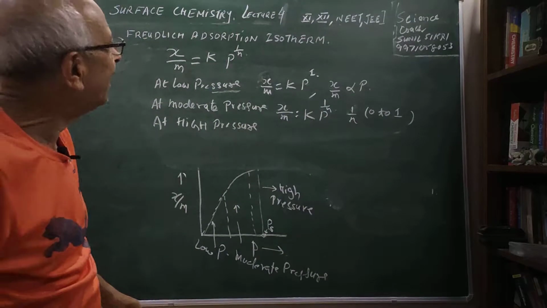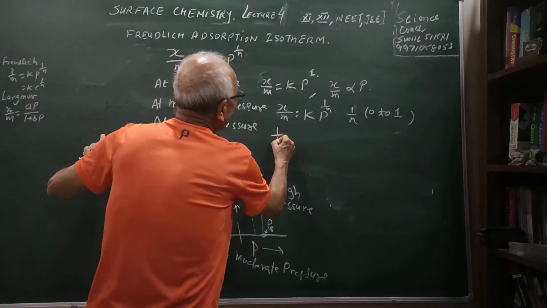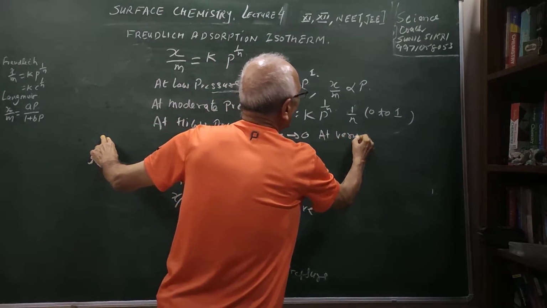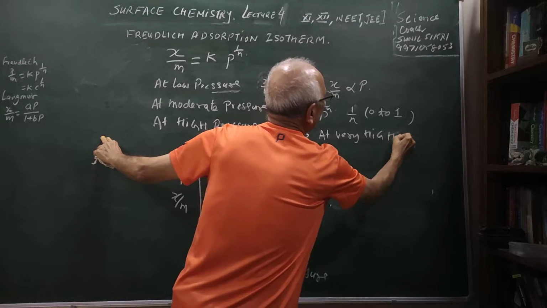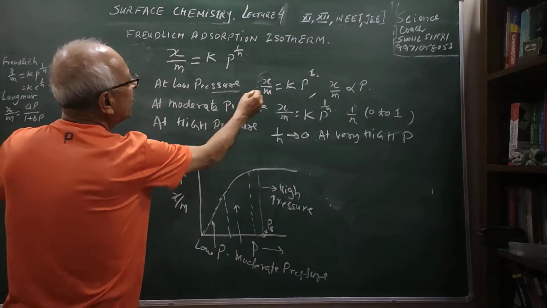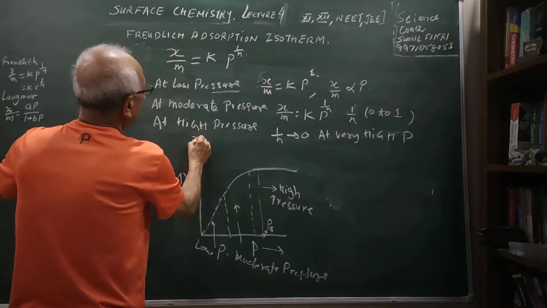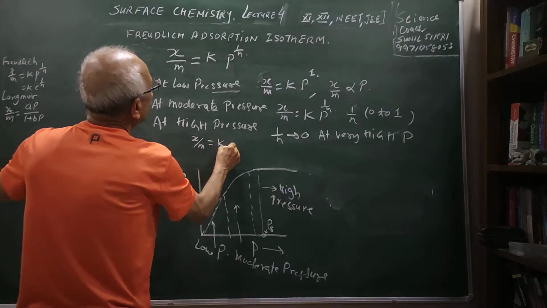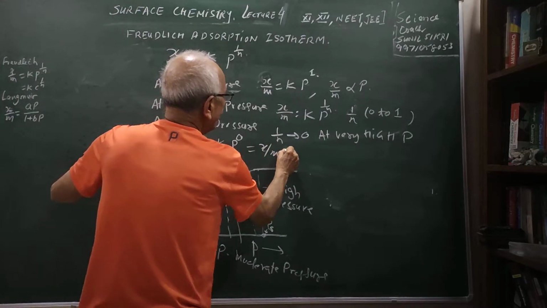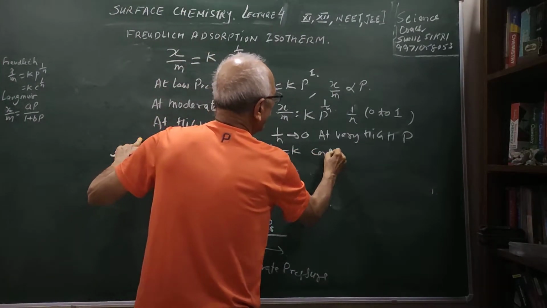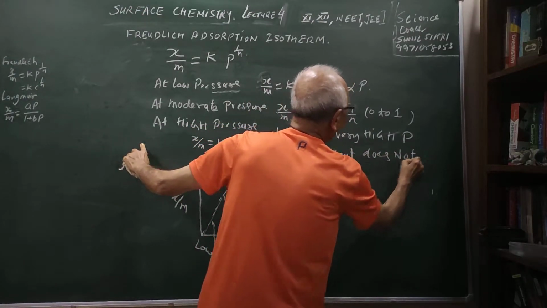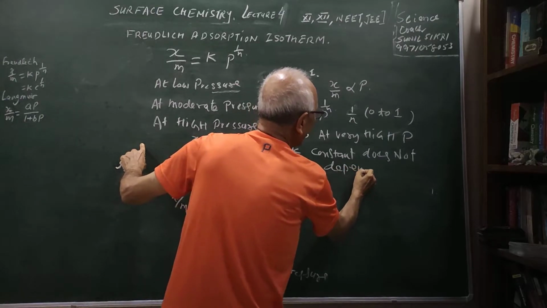So 1 by n becomes equal to 0 at very high pressure. And what will be the equation, students? We are saying x by m is equal to k P power 0. So x by m becomes a constant and does not depend on pressure.